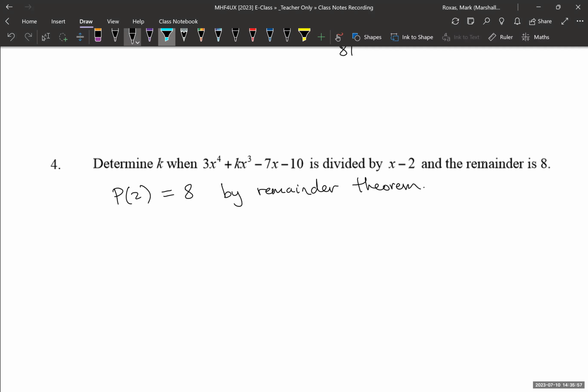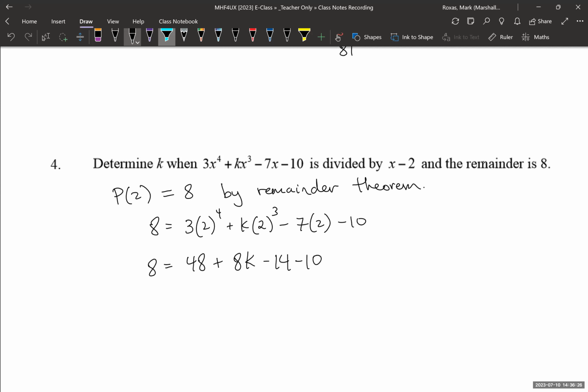Okay, so this says 8 equals 3 times 2 to the 4th plus k times 2 cubed minus 7 times 2 minus 10. So 8 equals 2 to the 4th is 16 times 3 is 48, plus 2 cubed is 8, so 8k. 7 times 2 is 14, and then minus 10.